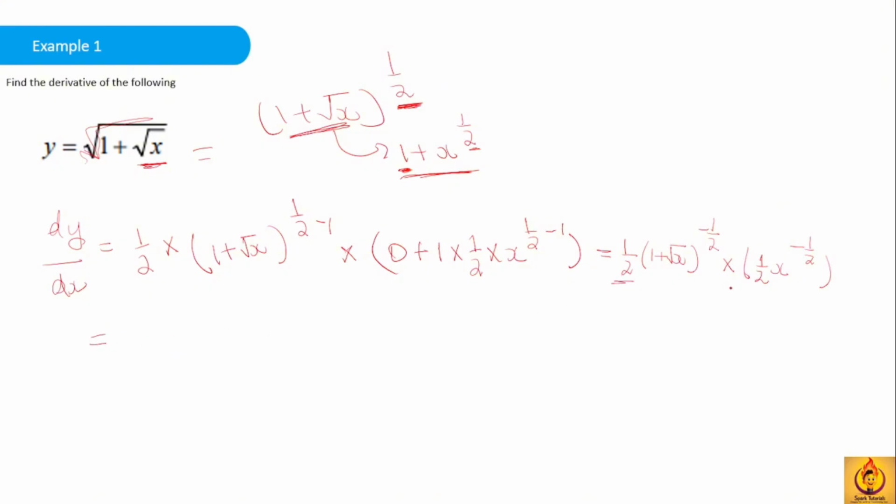You can bring your constants to the front. If you bring them to the front, it's going to be 1 over 2 multiplied by 1 over 2, such that we are left with 1 plus root x to the power minus 2 multiplied by x to the power minus 2. We took this one to the front. This one stayed in the front, right? It's like the common factor in a way. So you can even do this. Doesn't really change anything.